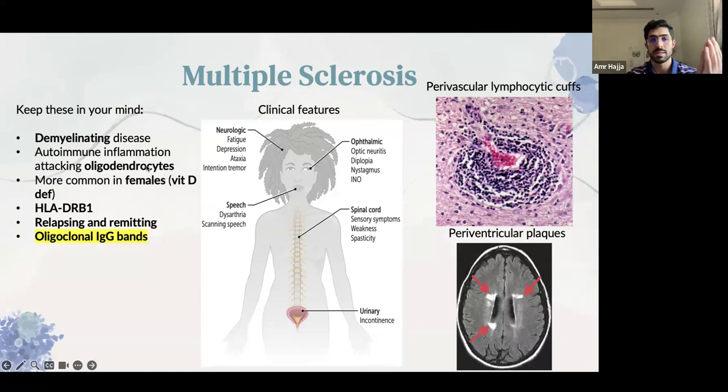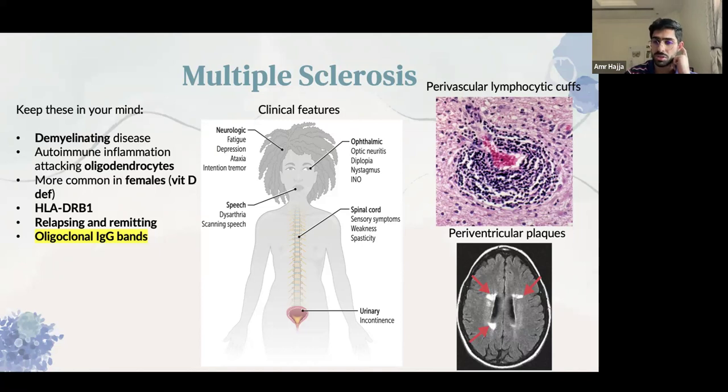So lymphocytes attack oligodendrocytes. This disease is more commonly found in females. Sometimes they also mention that these patients have vitamin D deficiency. The cause is not known, but an association was found between female patients with vitamin D deficiency and multiple sclerosis.